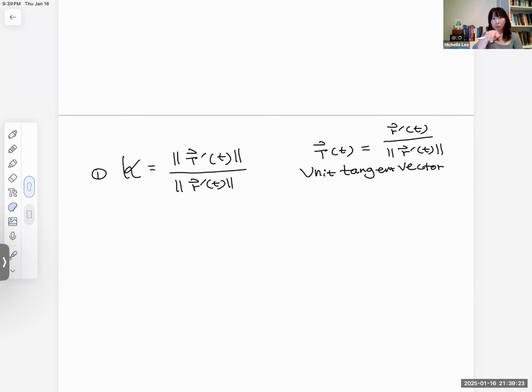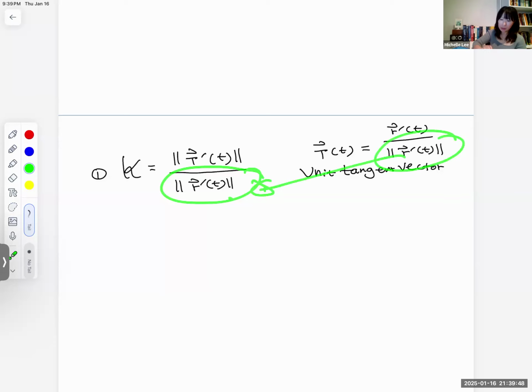So we have a curvature formula, magnitude of the unit tangent vector prime, right? So what is the unit tangent vector? R prime of t over magnitude of R prime of t. Yeah. Then this one we can easily find from there, right? Okay.